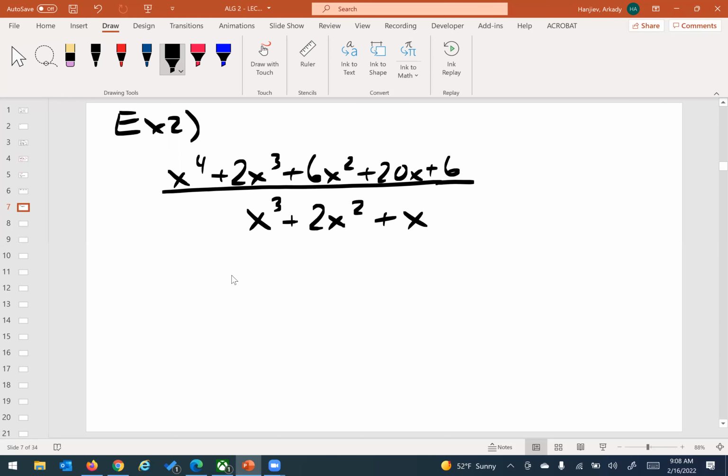First of all, this guy is an improper fraction. That's the first thing that's a problem. Notice the thing on top, x to the 4th, is bigger than x cubed. So we have ourselves an improper fraction. Is that last one 6? Plus 6, yeah.